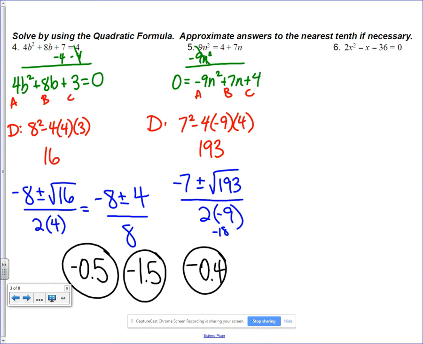Questions at all? I got one more answer though. How am I going to find it? -7 minus the square root of 193. I got -20.892. James is shaking his head yes. What about the rest of you? -20.892.